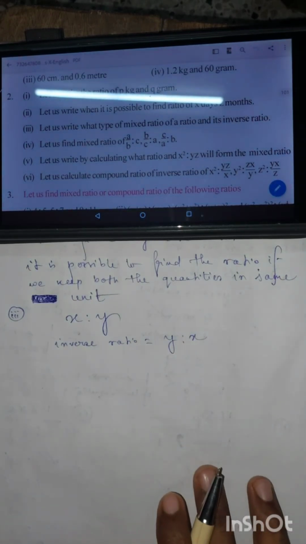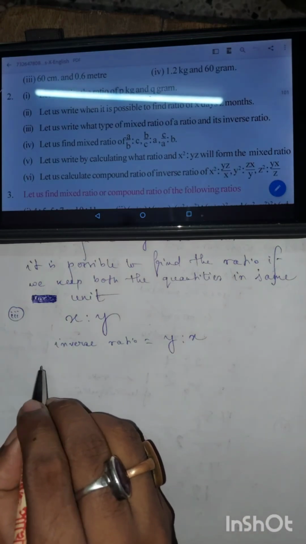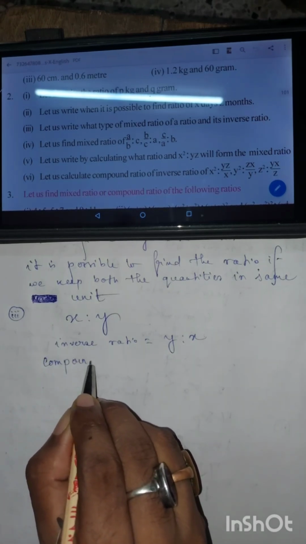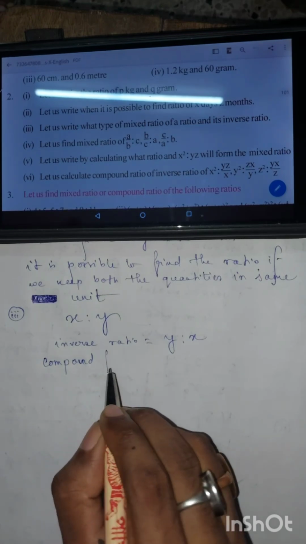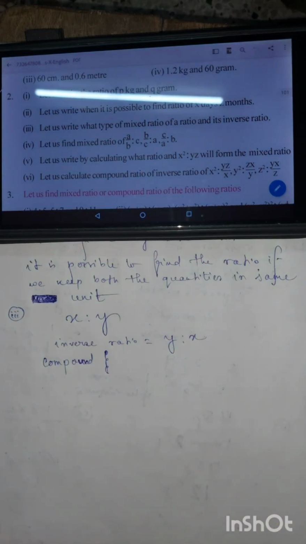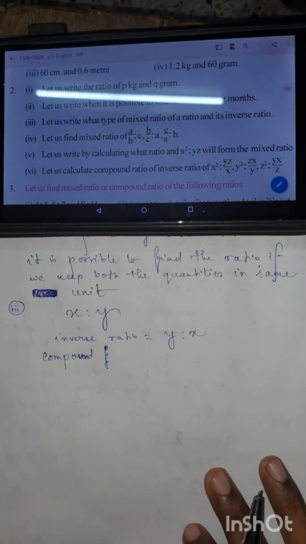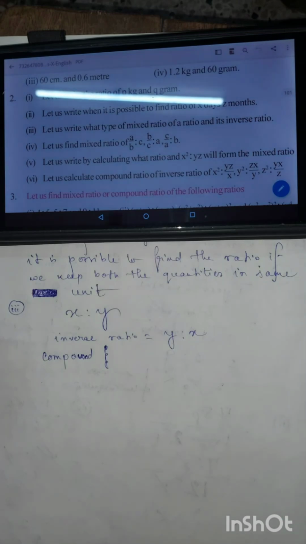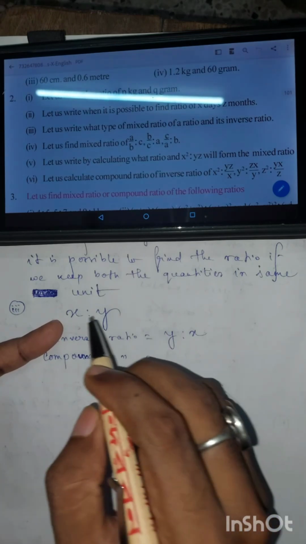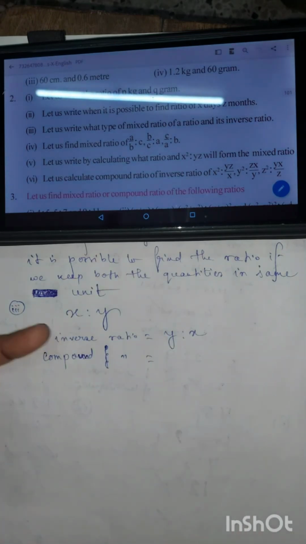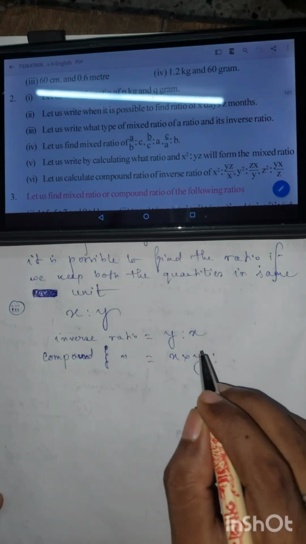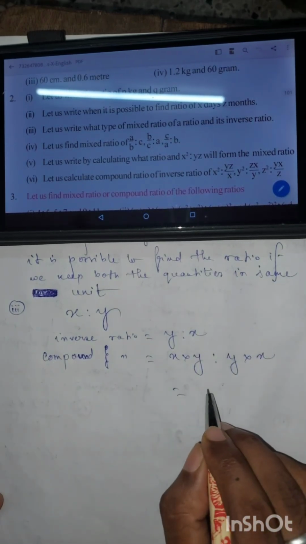Now if we find the compound ratio, x is multiplied to y and y is multiplied to x, so we are getting 1 is to 1.